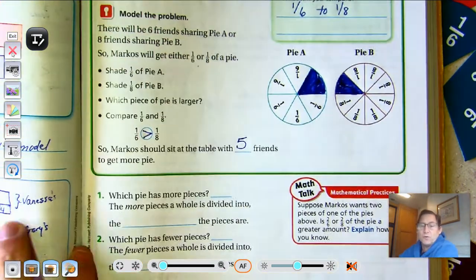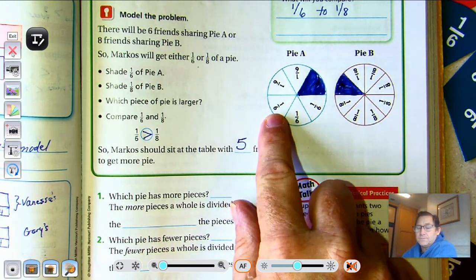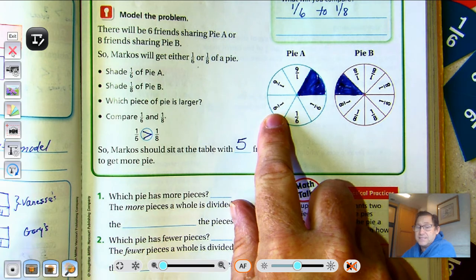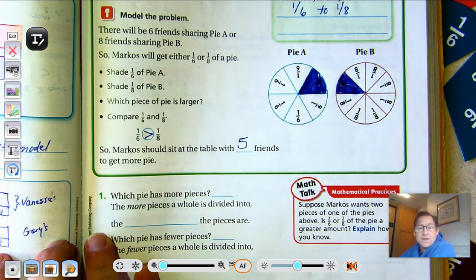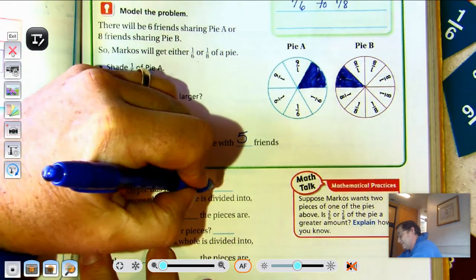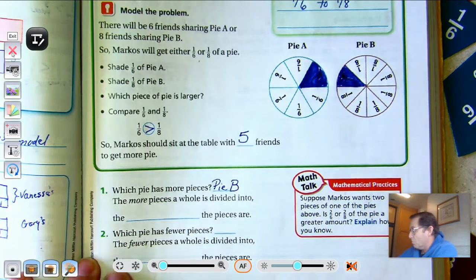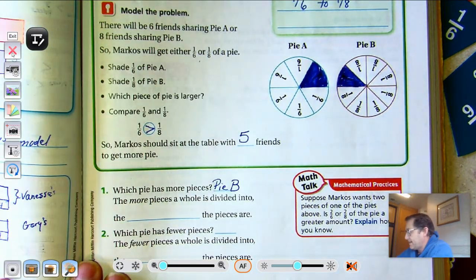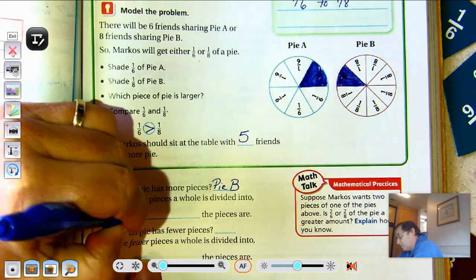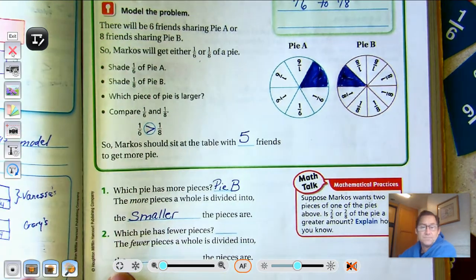So I think that's an important idea here, that the more pieces there are in the whole, the smaller the pieces are going to get. So which pie has more pieces? Pie B. The more pieces a whole is divided into, the smaller the pieces are.